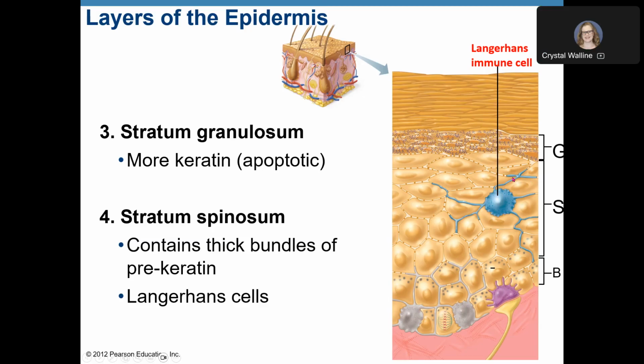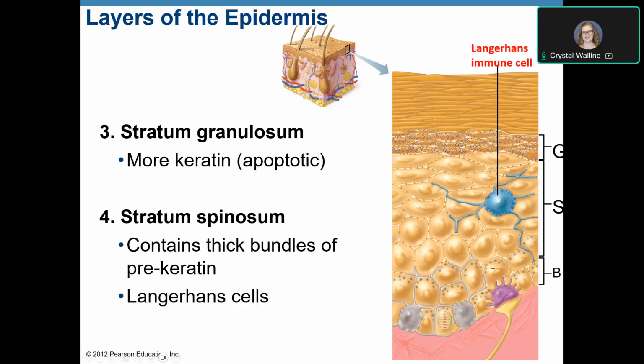Those little processes are capable of wrapping around a foreign invader, like a pathogen, a bacteria, a fungal spore, a virus. And then they can use that little process to grab that foreign invader and bring it inside the cell using a process called phagocytosis.